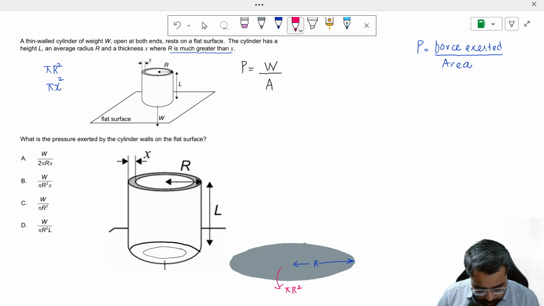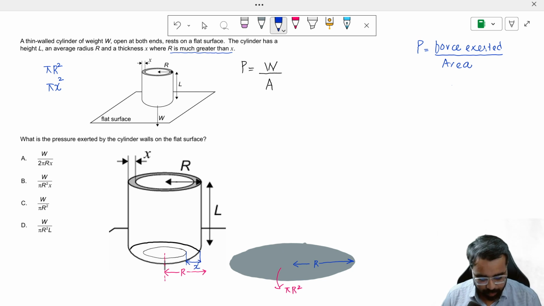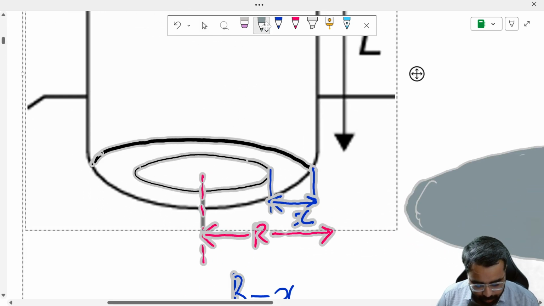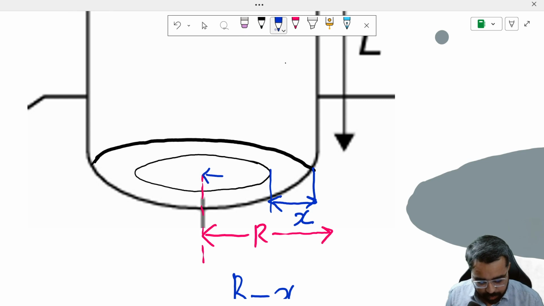If you see this distance, which is the radius of the cylinder, and if I find this distance, which we see in the diagram, it is x. Why am I doing this? Because r minus x is the length, if you closely look here in this diagram. So students, this is r minus x.